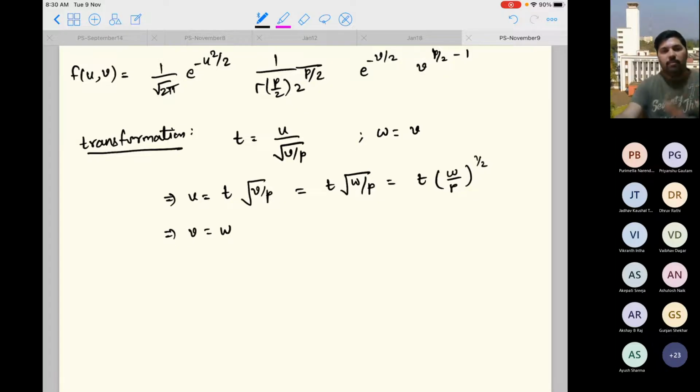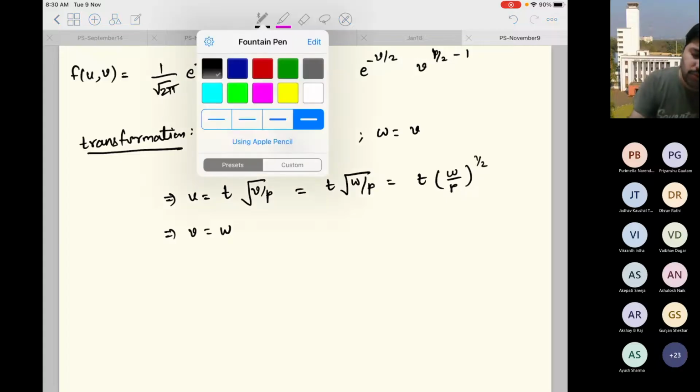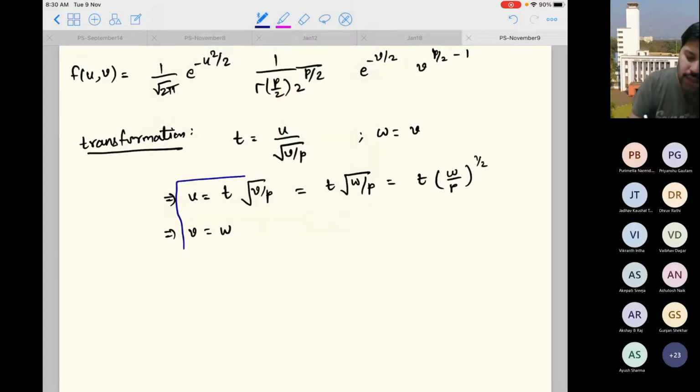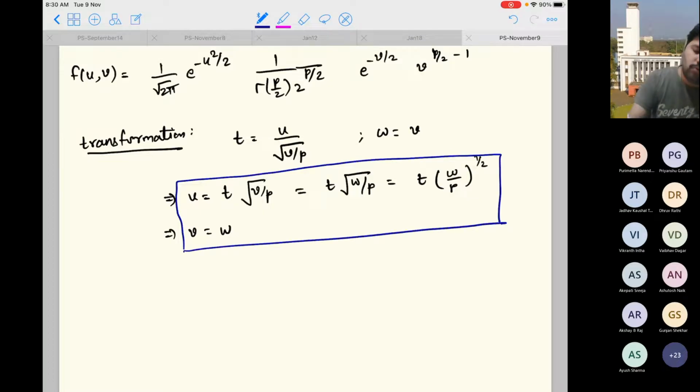I made this transformation because I want to find out the density of t. From here, you can see that the range of t will be minus infinity less than t less than infinity. And because w is equal to v is nothing but the chi-square density, 0 less than w less than infinity, right? The range of w is this.